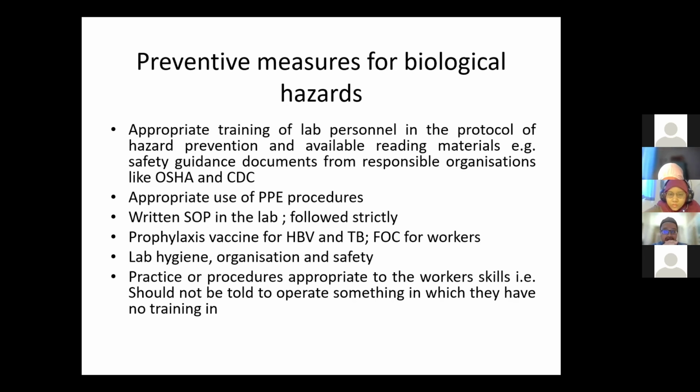Prophylaxis vaccine must be given against HBV and TB, and it must be given free of charge. Like when you want to enter a biomedical course, you have to take the vaccine, or prove that you have immunity against them, right? Isn't that so, Akilah?